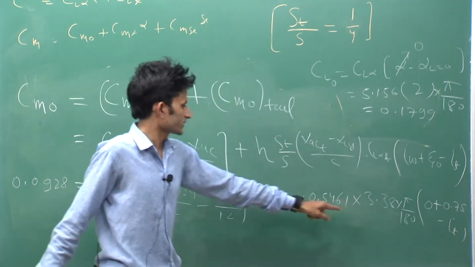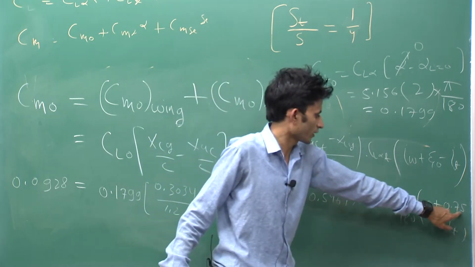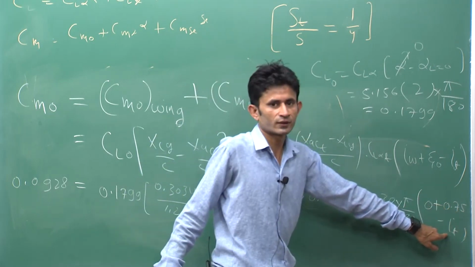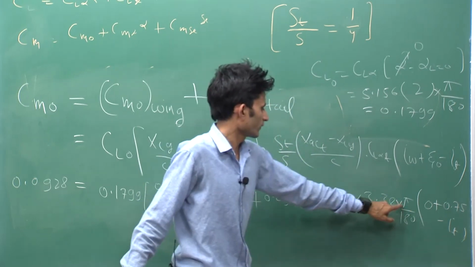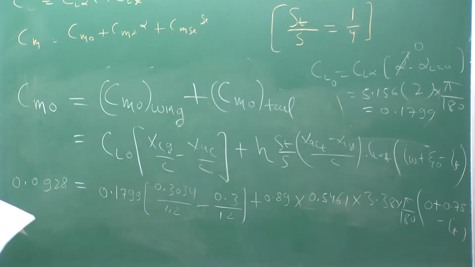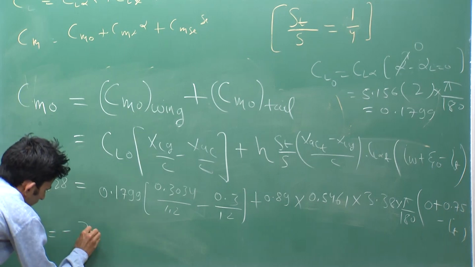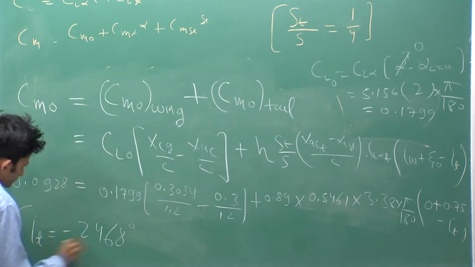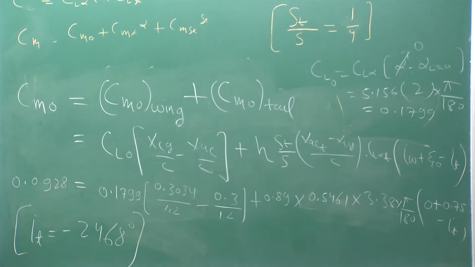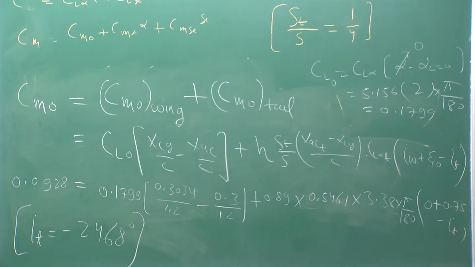Here be careful that CL alpha of the tail is in per radian and epsilon naught and IT are in degree. You want the answer in degree, so you have to convert per radian into per degree. That's why we multiply this. So if you solve this, you will get IT approximately. The tail setting angle is nothing but 2.468 degree. Just you have to solve this. We have put in all the numbers. Just rearrange this.